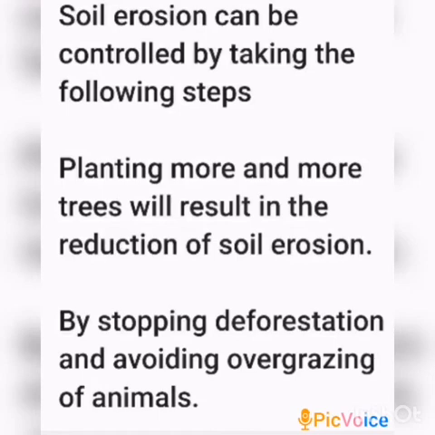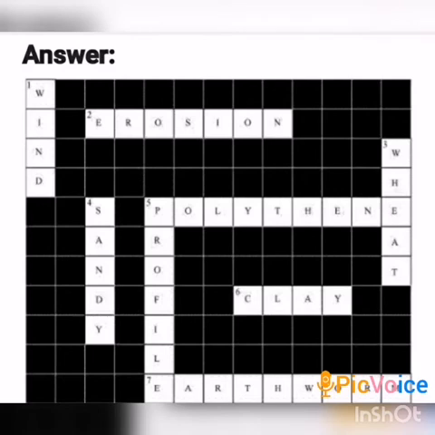Okay, children? Children, the last one, 10th question. Write the answer for this crossword puzzle in your book, page number 106.